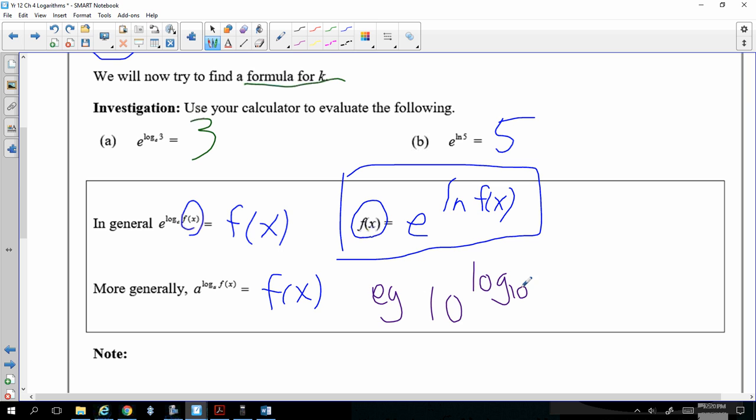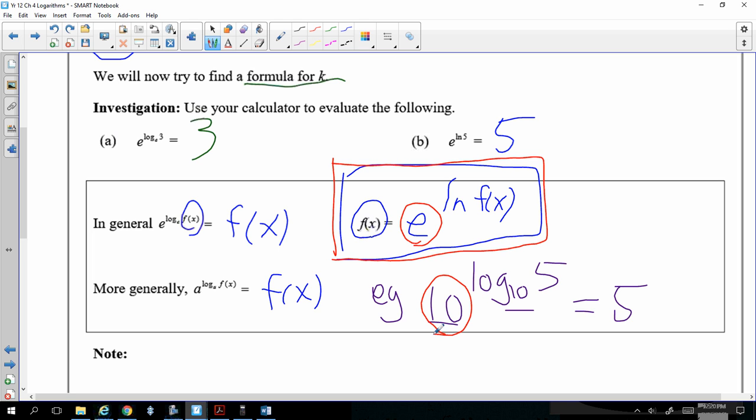Okay, so now we have this important formula. But this one is more important. We're going to use this to help us differentiate, because we know how to differentiate e rather than differentiating 10. Before we do that, there's another thing I want to talk about. How do I remember all this?